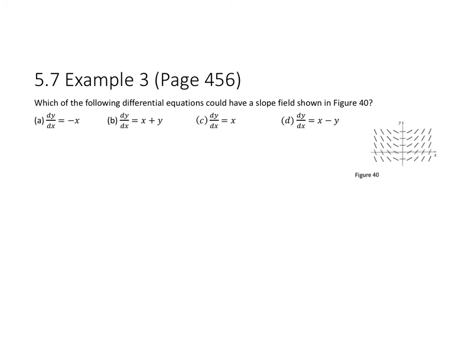Now for this one, this is an example of how the slope field would be asked as a multiple choice. And I just want to go through how I would do it. The first thing I look at is my zeros, because those are the easier ones to look at. So here, whenever x is 0, it's looking like my derivative is also 0. So let's see which ones that could possibly be.